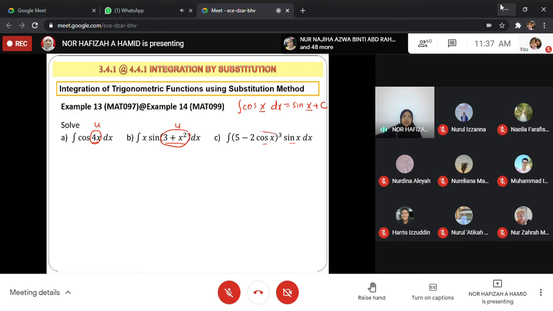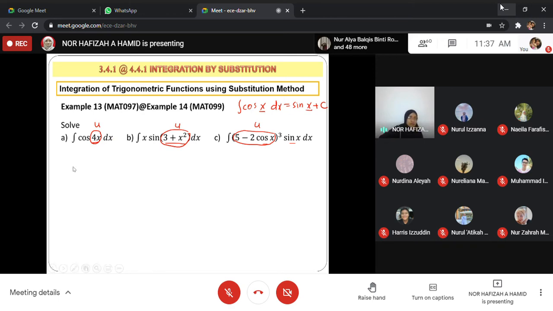So u is 5 minus 2 cos x. Once you have u, you can differentiate, and then transfer the original equation in terms of x into terms of u. Okay, so this is for example 13.